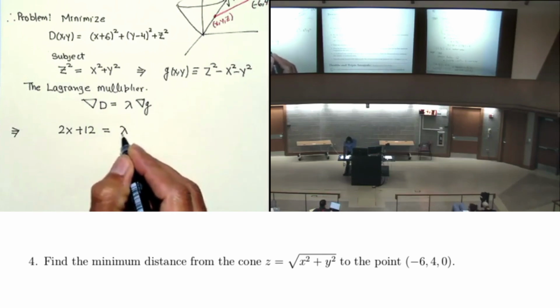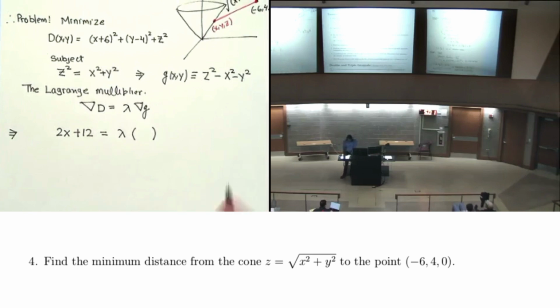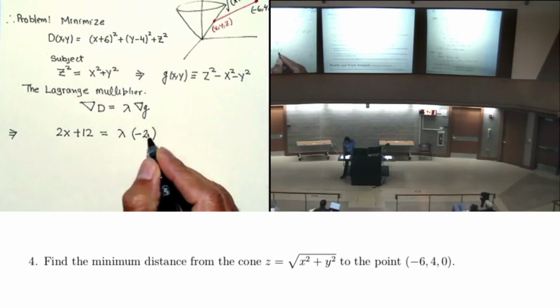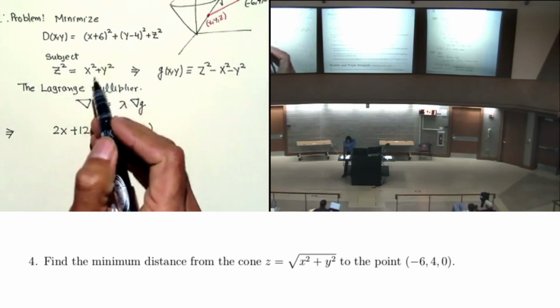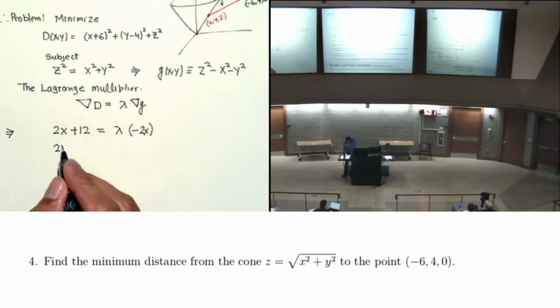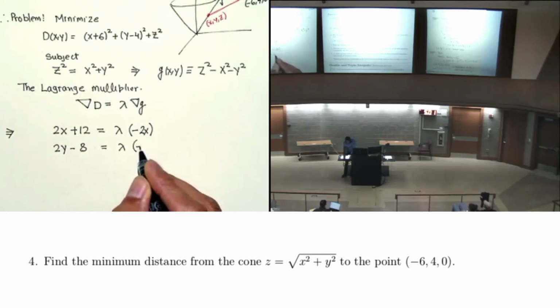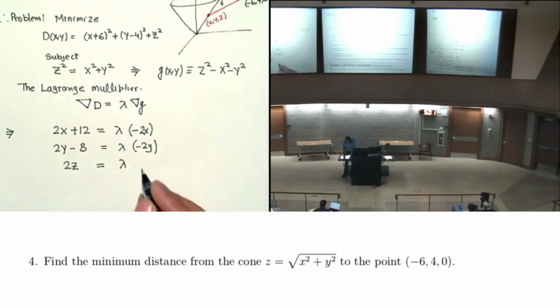That is equal to lambda times the partial derivative of g with respect to x, which is going to be minus 2x. The second equation: the partial derivative with respect to y is going to be 2y minus 8, and this equals lambda times the partial derivative of g with respect to y, which is minus 2y. Now with respect to z it's going to be 2z, that's the easy equation, and this equals lambda times the partial derivative with respect to z.